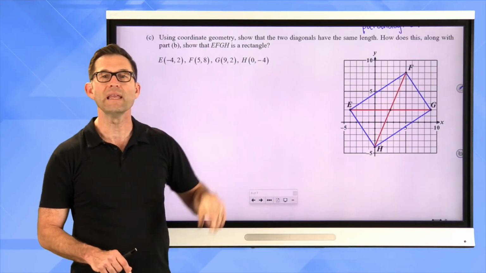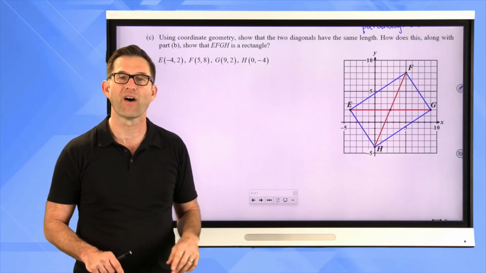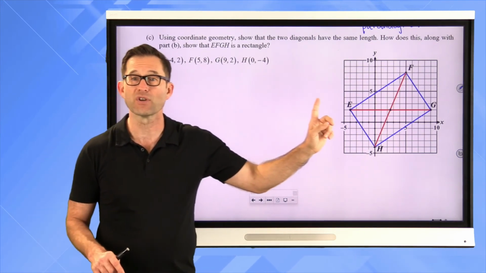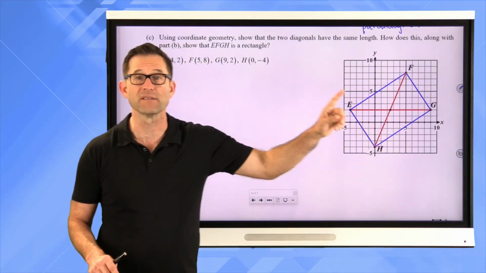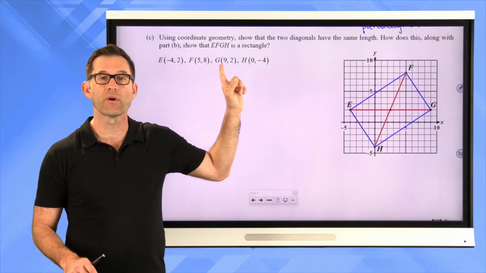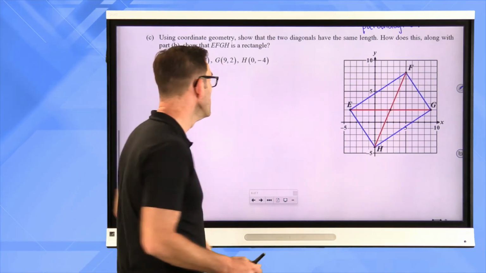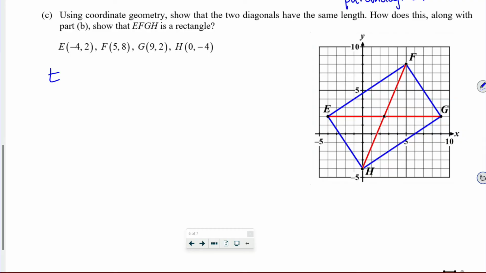So I don't really need to use the distance formula to find the length of EG. The length of EG is 13 units long, which I could either figure out by counting the boxes or by taking the x-coordinate of G and subtracting the x-coordinate of E, right? So EG is simply 9 minus -4, which is 13 units long.